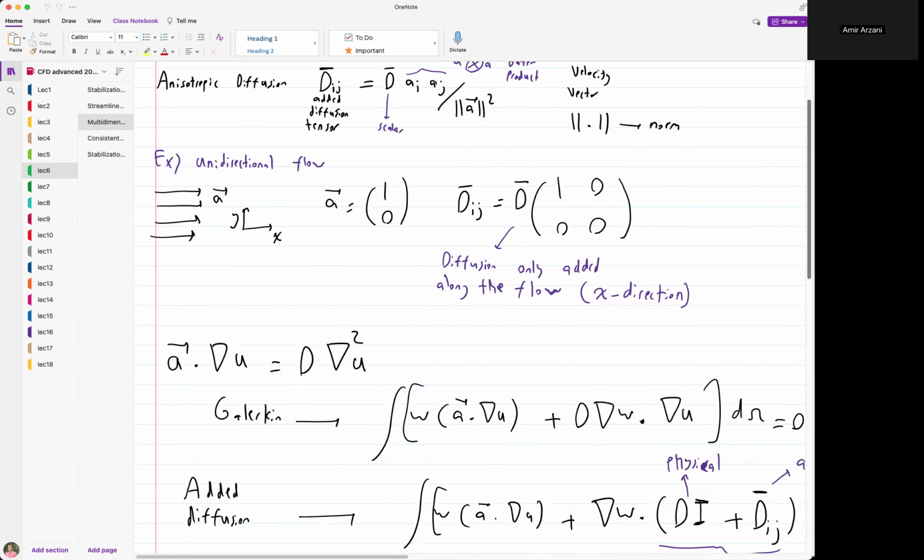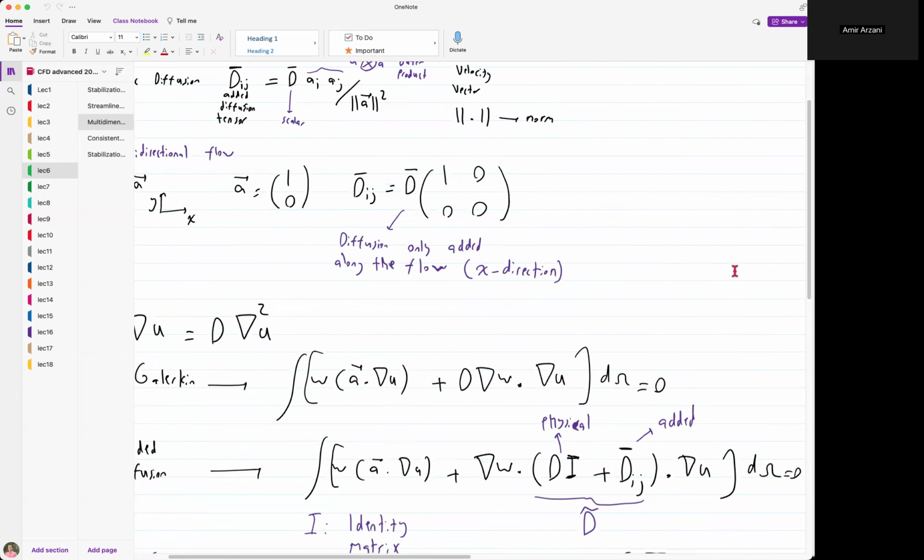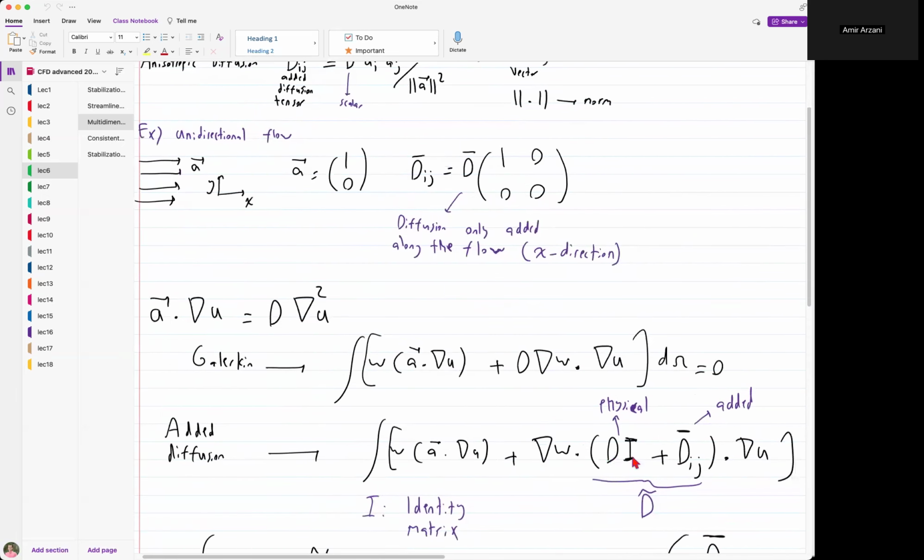Now, similar to how we did in the last section, I'm going to take my diffusion coefficient that was previously D and add this new d bar, this new artificial diffusion tensor that I defined up here. The previous diffusion coefficient is really multiplied by the identity tensor.